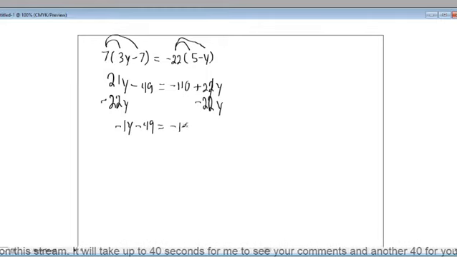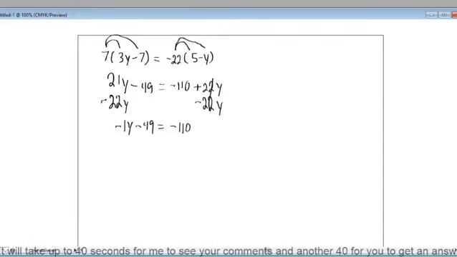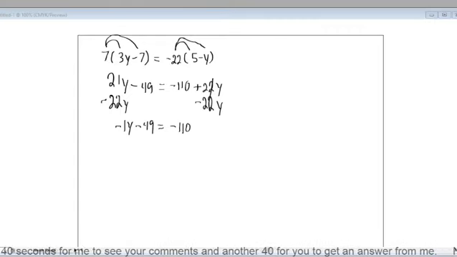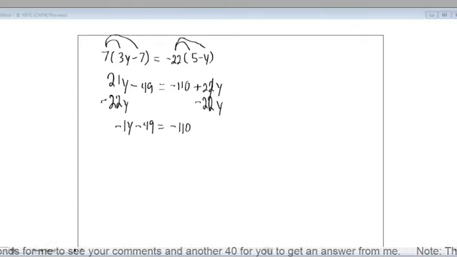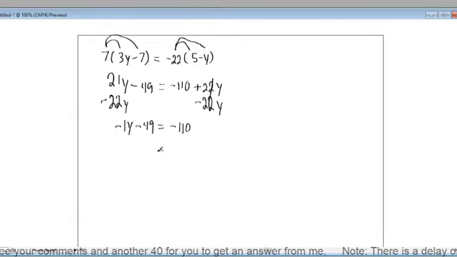Okay. So now we need to get the constants to one side. And again, by constants, what I mean is any number that is just a value. It doesn't have a variable on it.